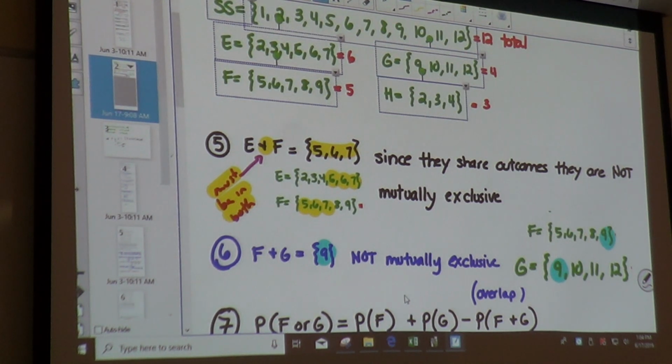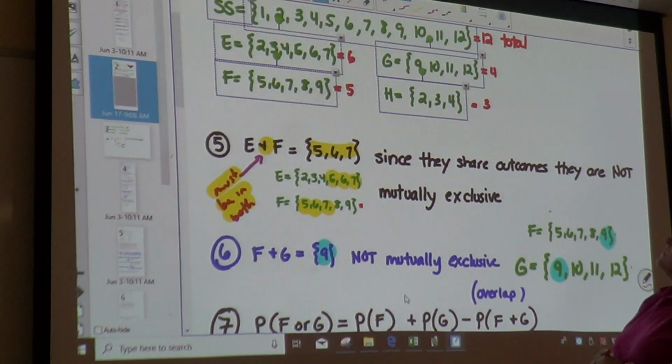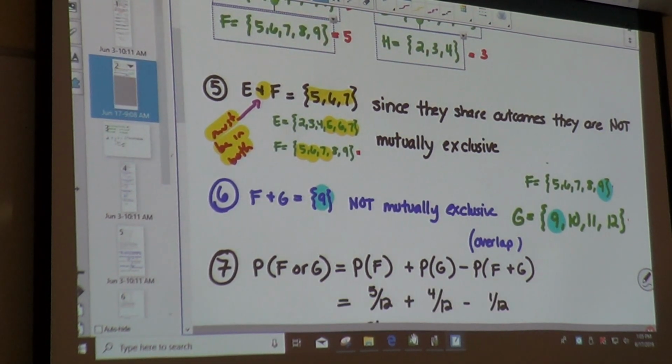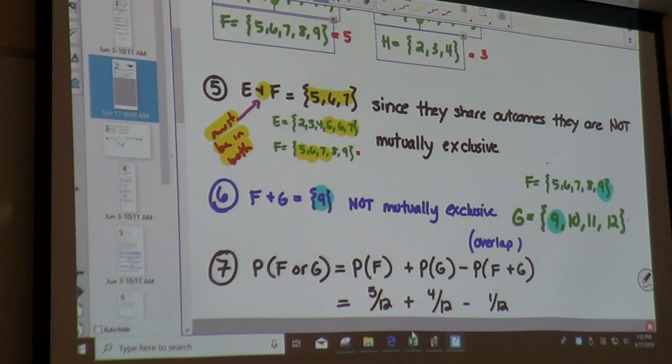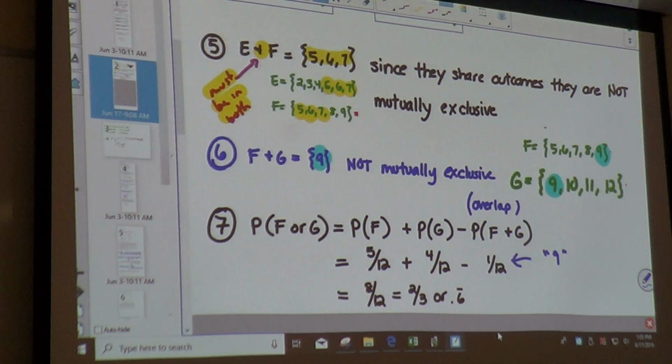But we've got to take out any double dipping. What is the double dipping between F and G? 9. So how many is that? 1. So, we've got our 5 out of 12 and our 4 out of 12. Our 1 out of 12 is the number 9. That's the one that overlaps. So 5 plus 4 is 9, minus 1 is, there's our 8 twelfths.